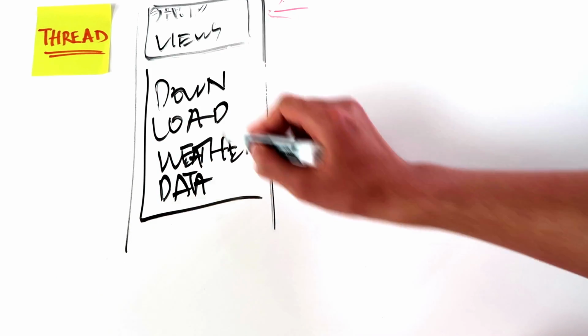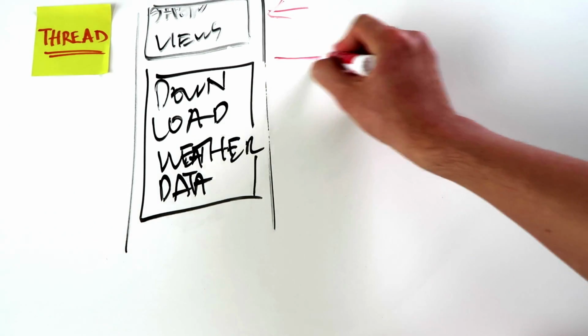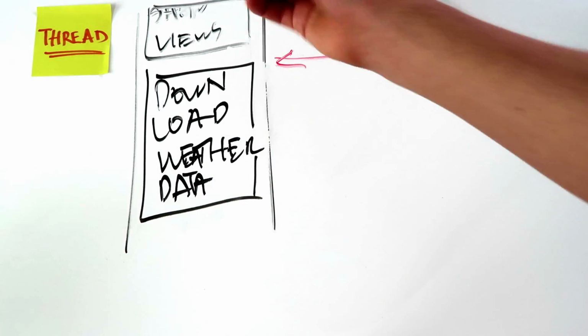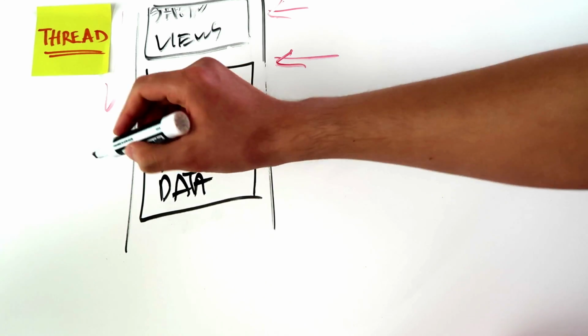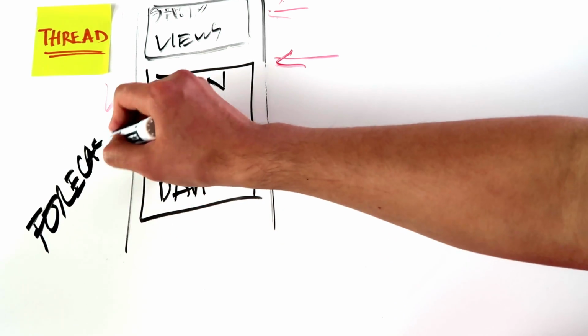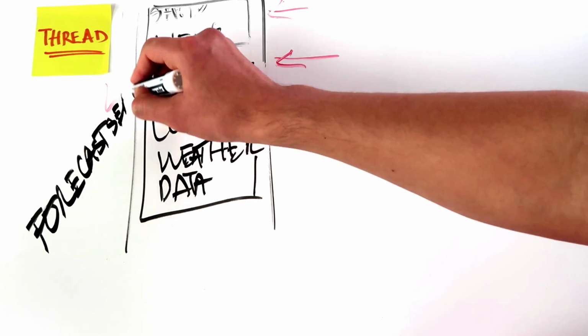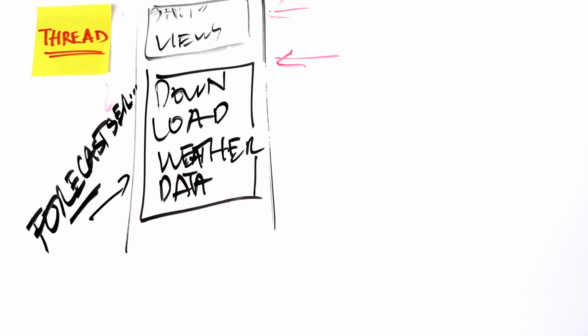So we download the weather data. The problem is that when we call that download weather data, the thread just goes down the stream. The download weather data here, remember, is our forecast service.